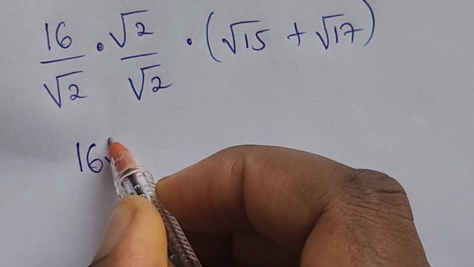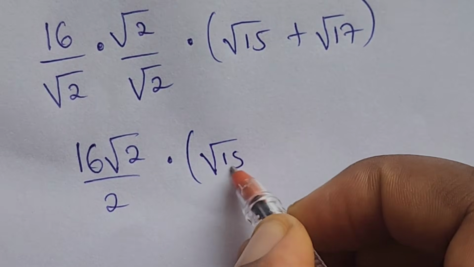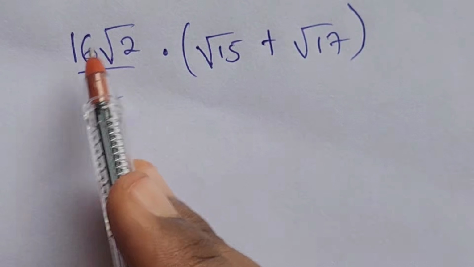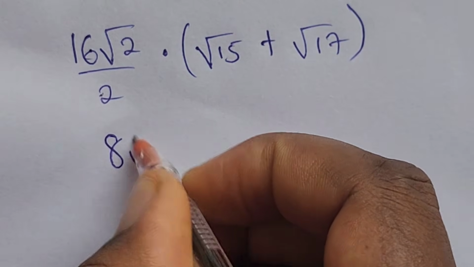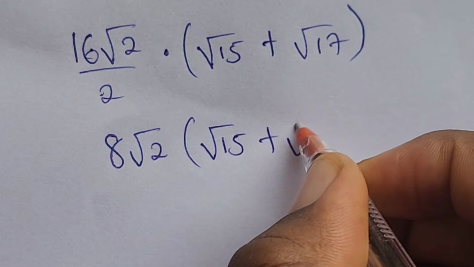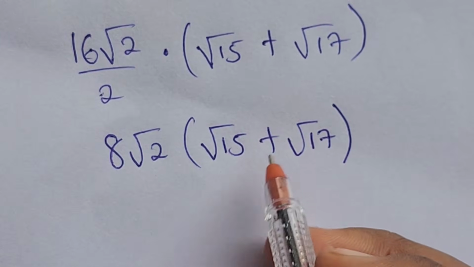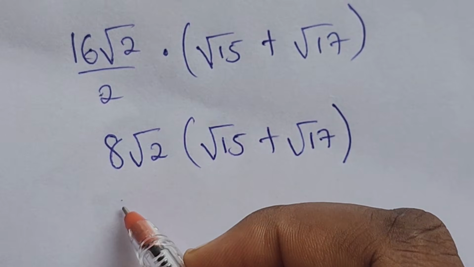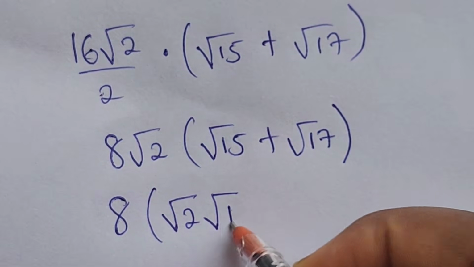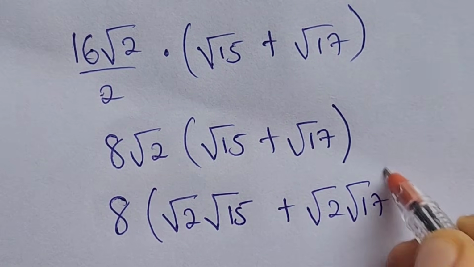So we have 16 root 2 all over 2 times root 15 plus root 17. This dividing this, we have 8 root 2 times root 15 plus root 17. So we can multiply this to have 8 times root 2 root 15 plus root 2 root 17.